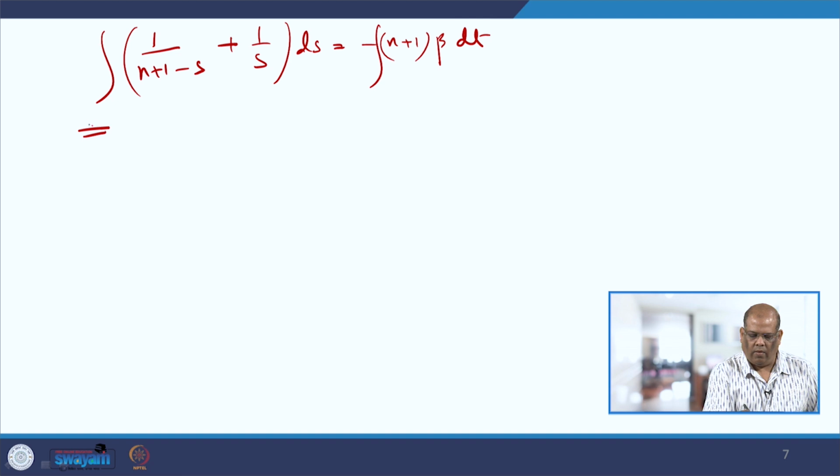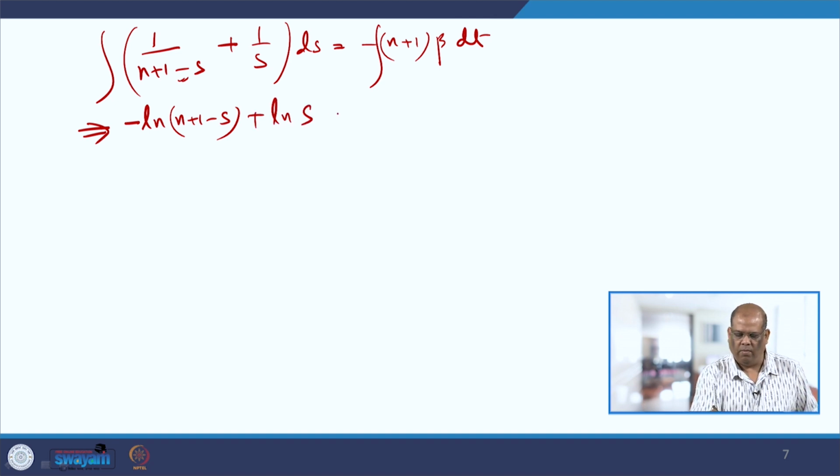If you integrate this, this is ln(n plus 1 minus S) with a negative sign because here it is negative, plus ln S. So, ln is log to the base e. This is minus (n plus 1) into beta t plus constant.